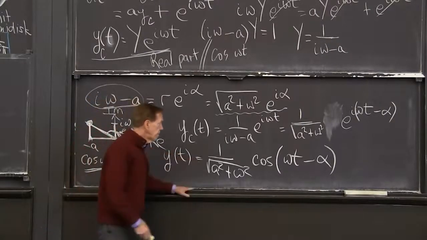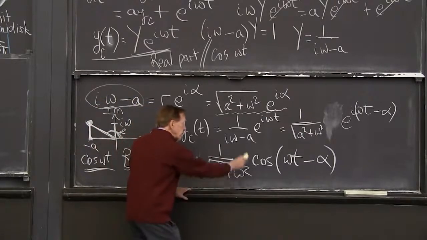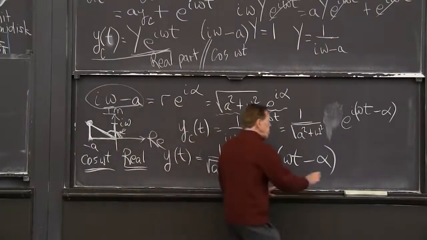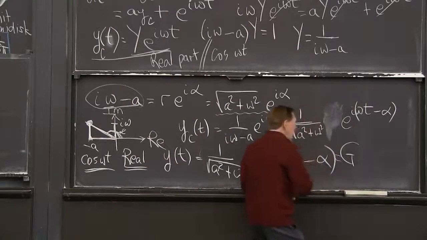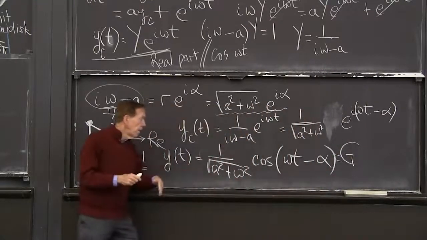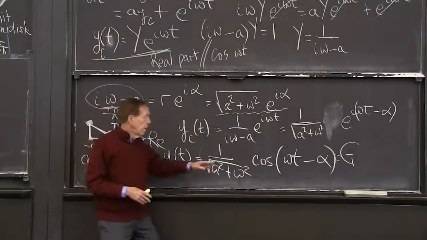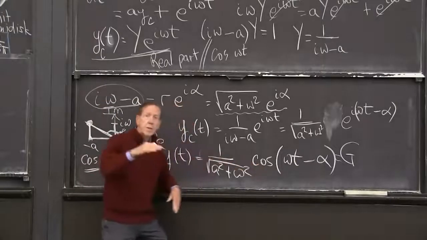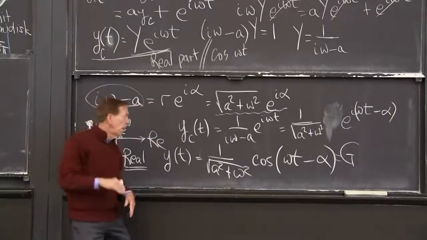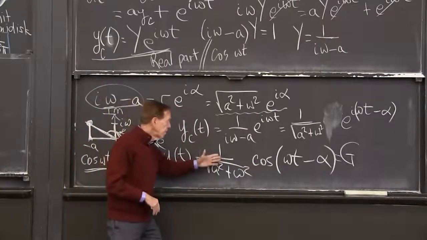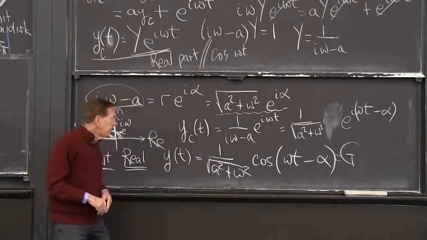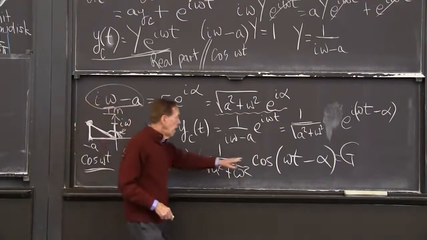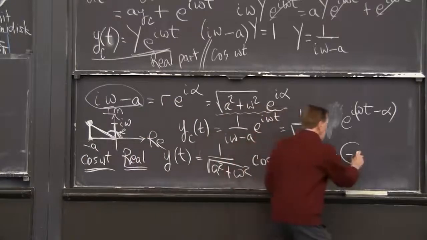The magnitude was called the gain. This was the g part. This is the g, the gain. The input was the size of cosine, size 1. It's increased or decreased by this factor, and then the cosine is still here.